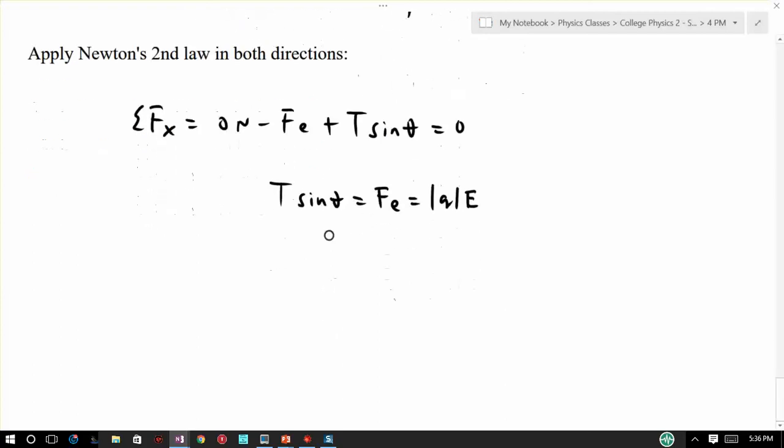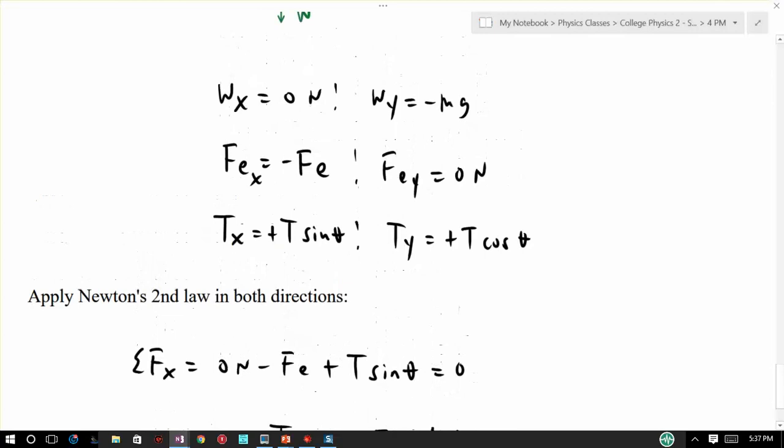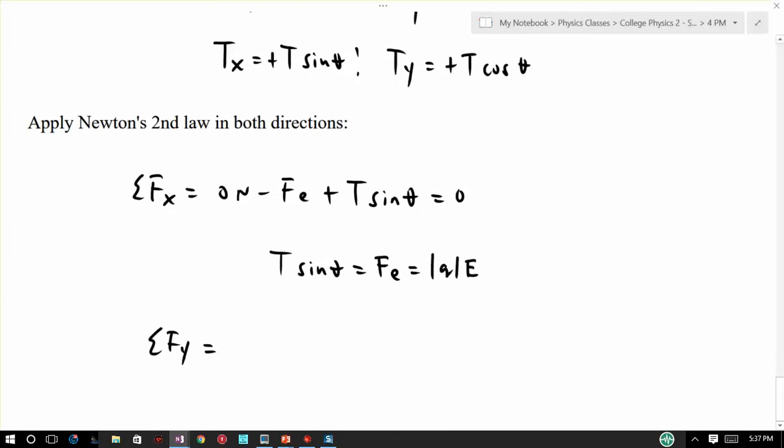So you have to look in the y direction and see if you can figure something else out that you didn't know already. All right, so we're going to do the same thing that we just did here in the y direction. So we're going to add this plus this plus this, right? So it's minus mg plus 0 plus T cosine theta.